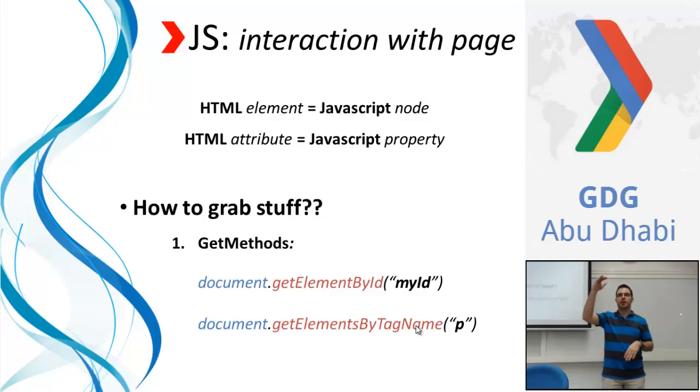Document is basically the whole page, so from there you can control anything inside the page. So document.getElementById is a function that returns to you the element itself if you pass the ID of the element. So here it will get the element with the ID of myID. Or you can make it getElementsByTagName. So here it will get you all the elements of the type paragraph, or the tag name paragraph.